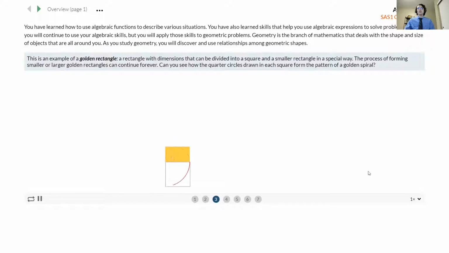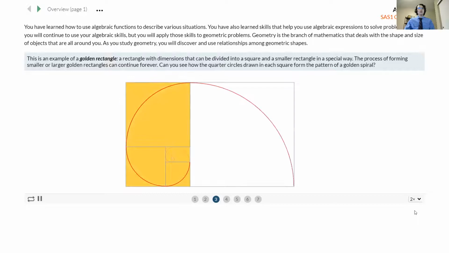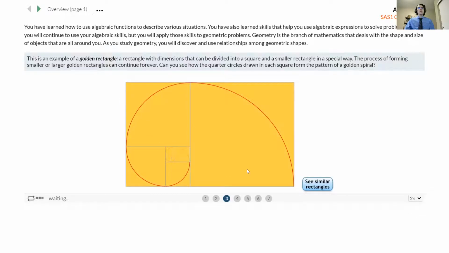And if they keep going and going, let's see, and go a little faster, right? Look at that. Pretty cool, right? This is the same pattern that a piece of paper has, actually. A printer paper also shares this pattern. That way, when you make different proportions of paper sizes, they'll have that pleasing connection to each other.